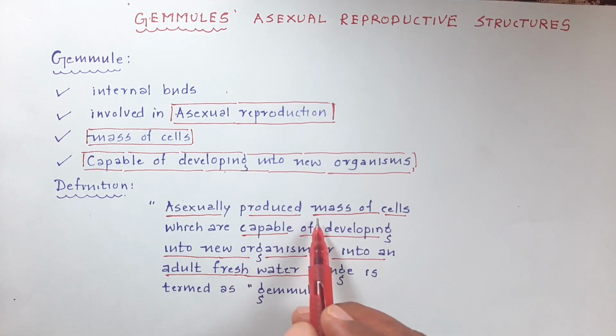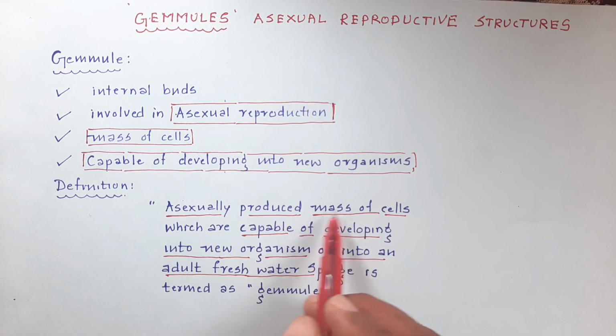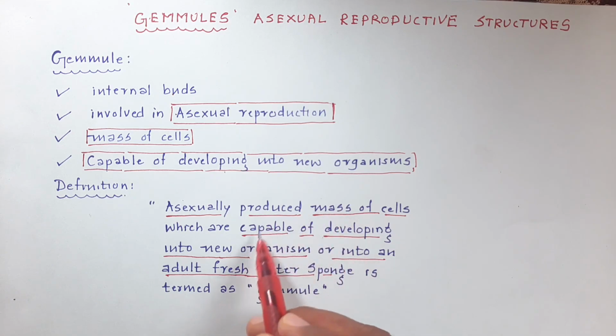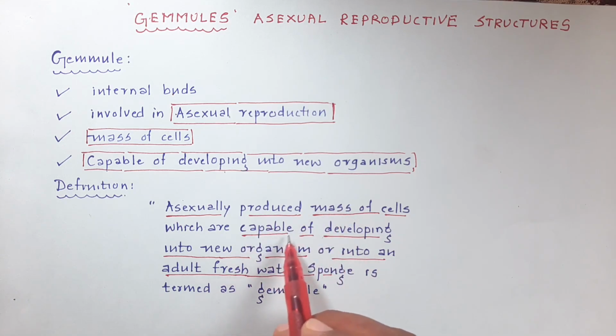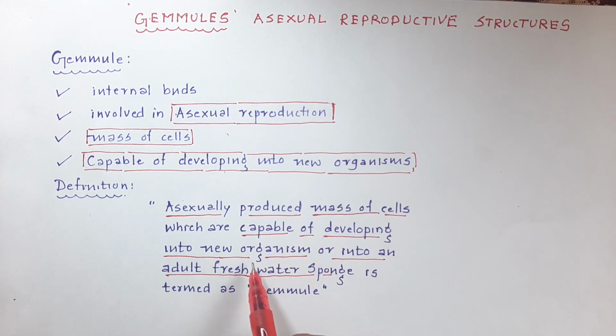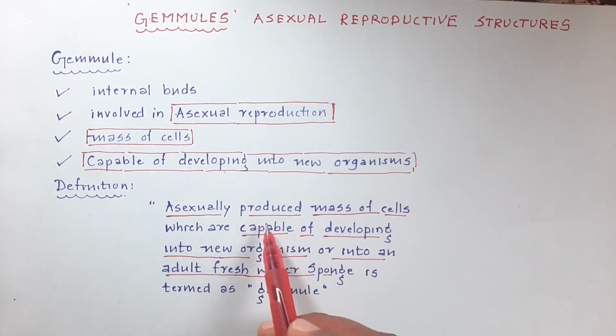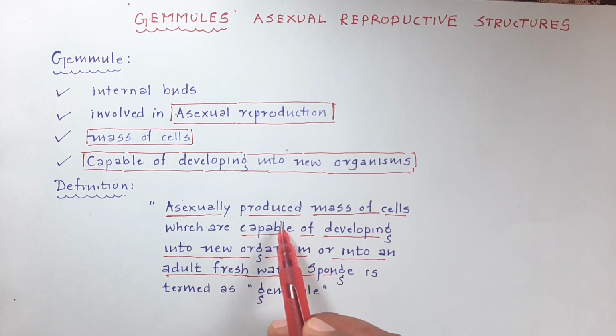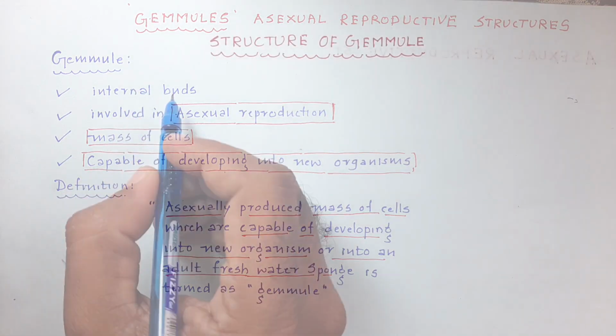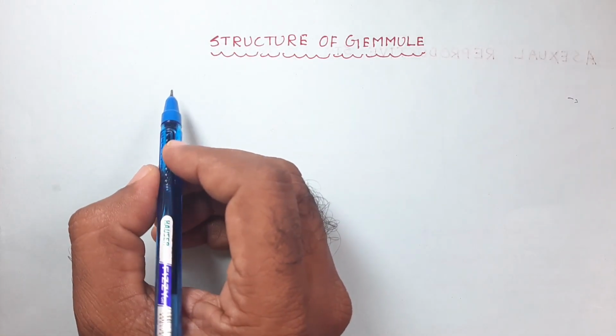Means they are first of all a mass of cells, involved in asexual reproduction, and capable of developing into a new organism. This is how the definition can be easily defined. Then the structure of the gemmule.